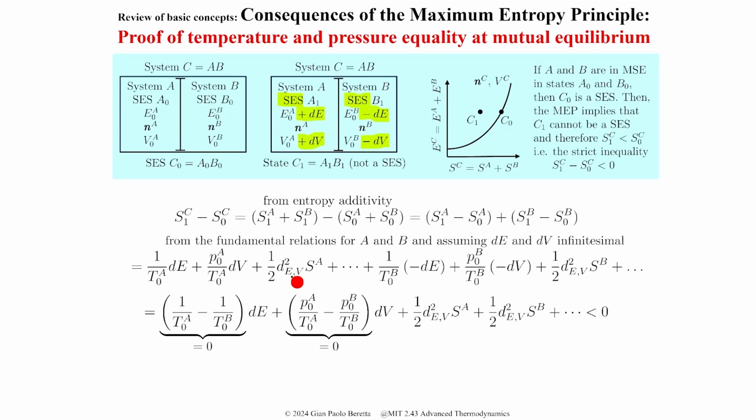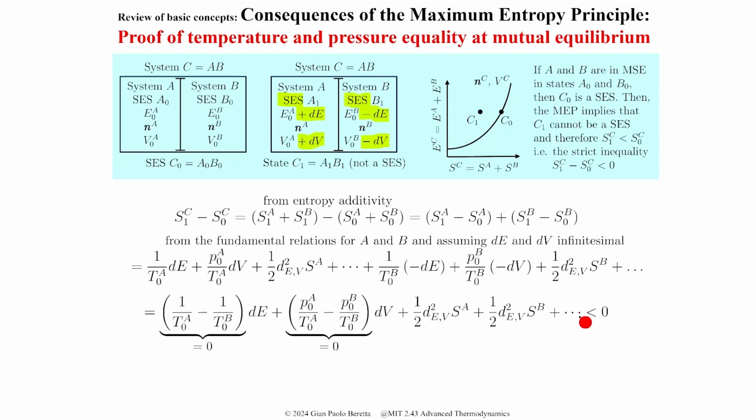A subsequent slide will have the details, and we do the same for system B. Then we combine terms, and here is what we get: 1 over T for A minus 1 over T for B times dE, plus P over T for A minus P over T for B times dV, plus the second differentials of S, plus dots, dots, dots.